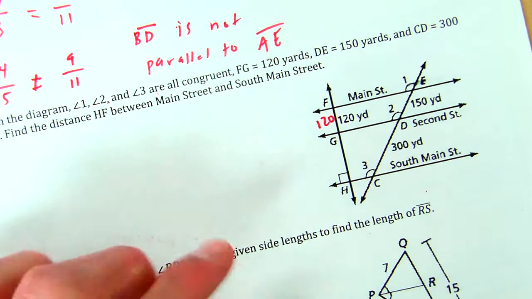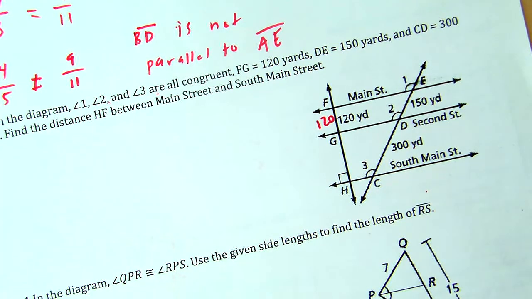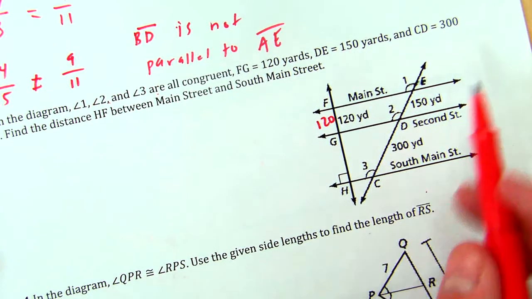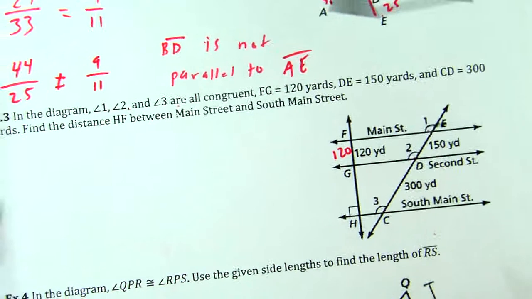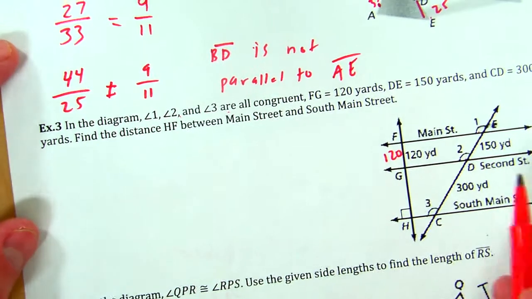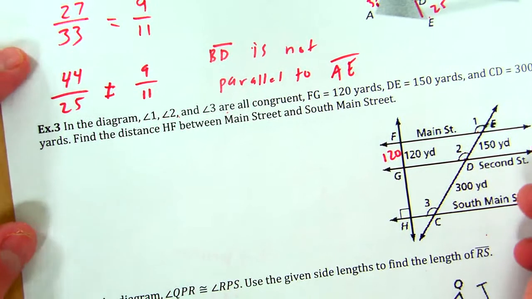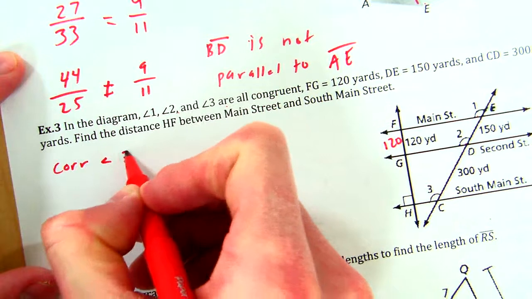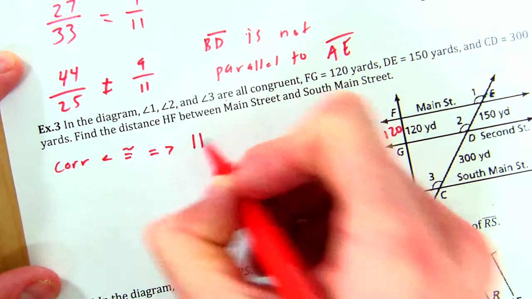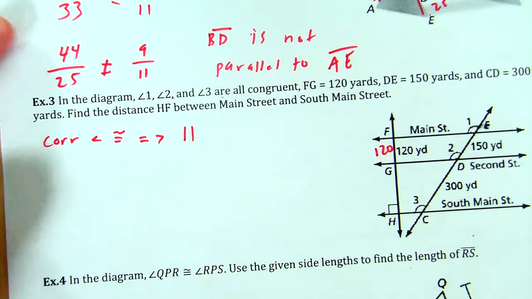Okay, well, we can only do this if we have parallel lines, and we can actually conclude that we have parallel lines because it tells us that 1, 2, and 3 are congruent. Because 1, 2, and 3 are congruent, and these are all corresponding angles, since we have corresponding angles congruent, we can conclude that we have parallel lines.